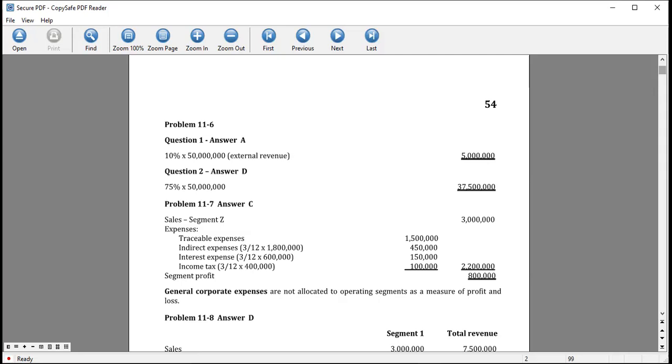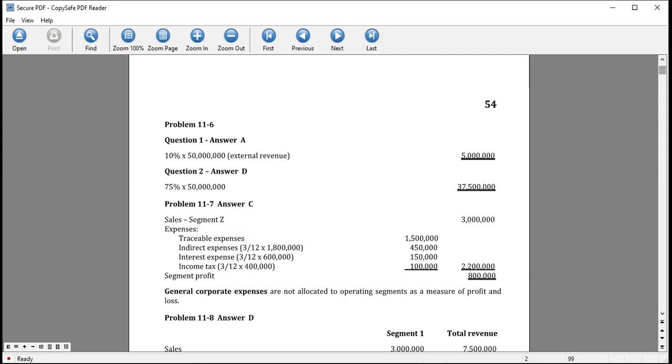Now we are adding sales of the three segments, so we get 12 million. That of segment C, for the indirect expenses, we divide 3 over 12. So 3 is the sales of segment C. 3 over 12 times 1,800,000 for the indirect segment expenses.